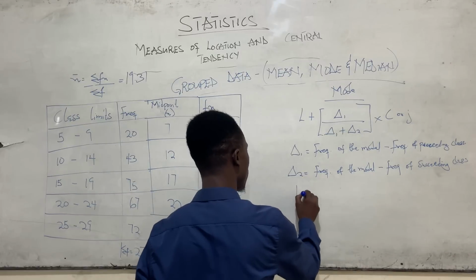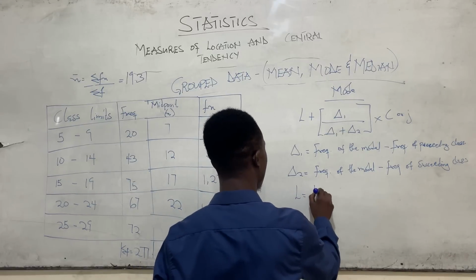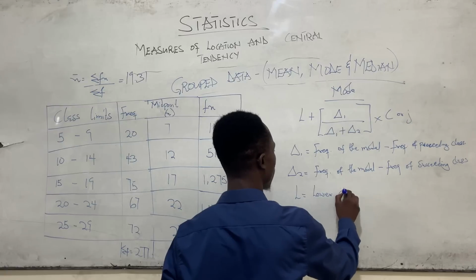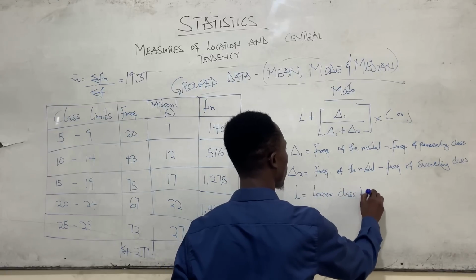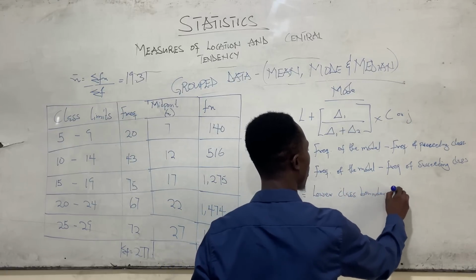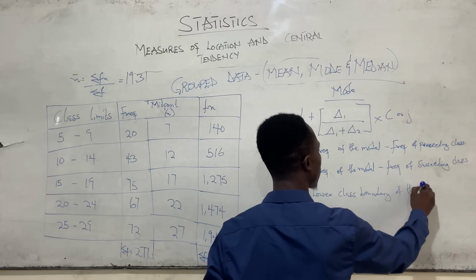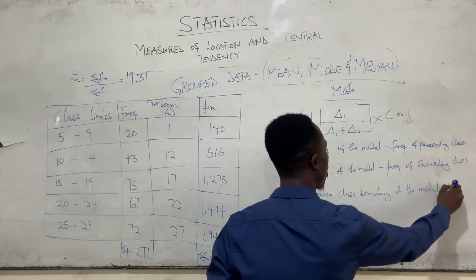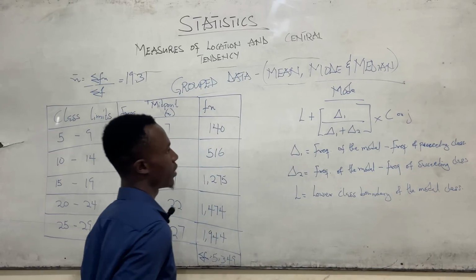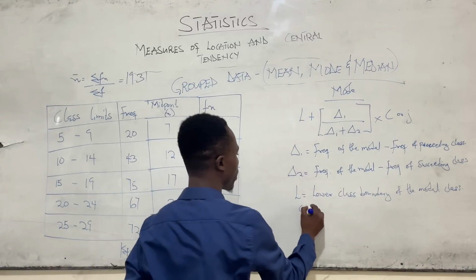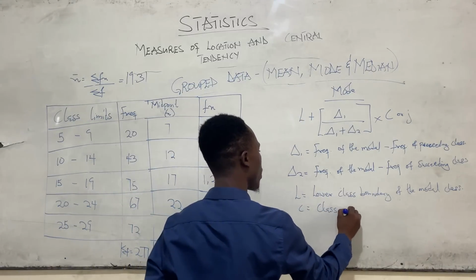Okay, and L is what? Lower class boundary of the modal class. Okay, so that is it. C, as I said, is what? The class interval.